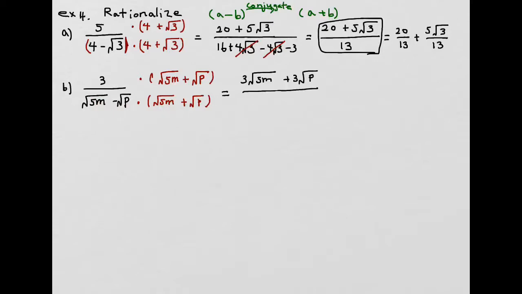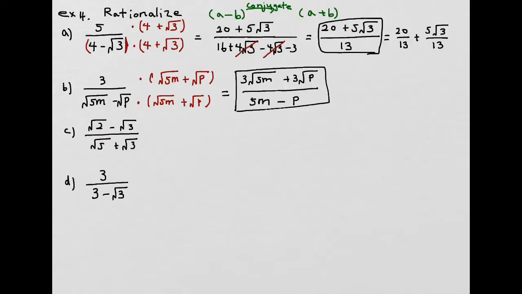You get 5m. And the middle term will cancel out. Minus, multiplying the last two terms will be square root of p times square root of p, which will be p. And because you cannot combine the denominator, that must be it.